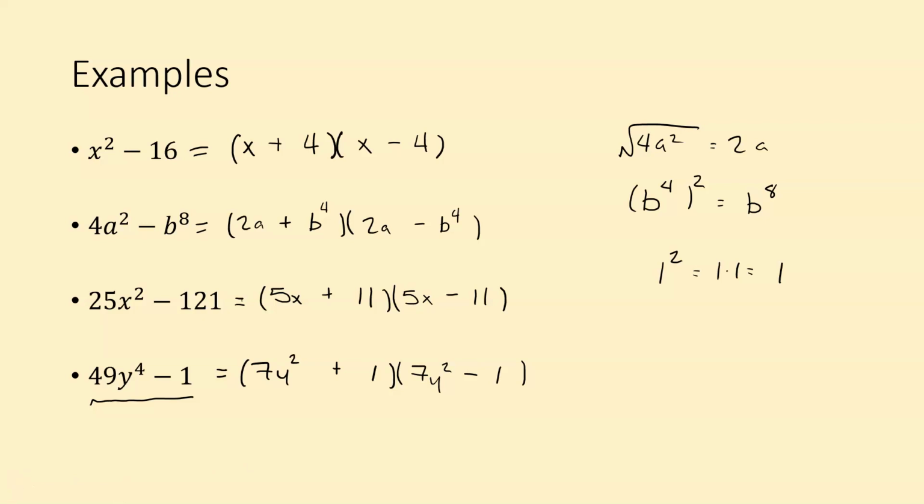Those are all of the examples I have for today. Again, I think the trickiest part about difference of perfect squares is recognizing that it is a difference of perfect squares. So for this assignment, you'll have the benefit of knowing that it is a difference of perfect squares, so you can just go ahead and apply the generalization to all of these. But in the future and on tests, you might not necessarily know it's a difference of perfect squares.